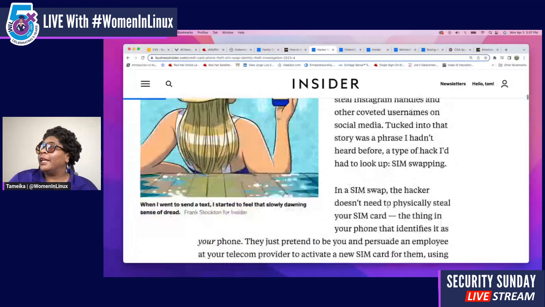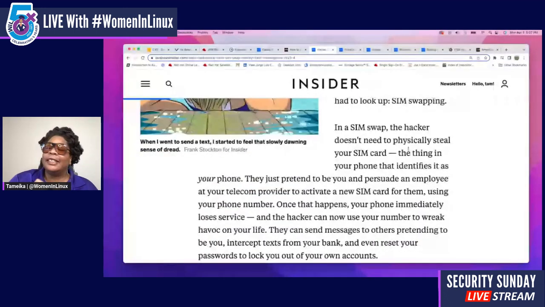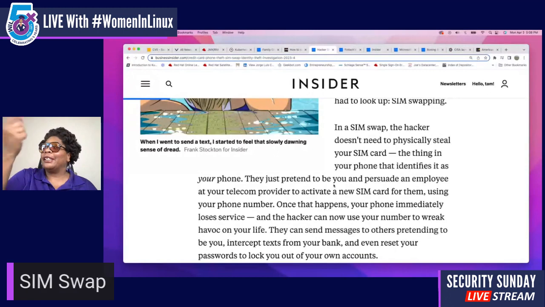In a SIM swap, the hacker doesn't need to physically steal your SIM card, the thing in your phone that identifies it as your phone. They just pretend to be you and persuade an employee at your telecom provider to activate a new SIM card for them using your phone number.